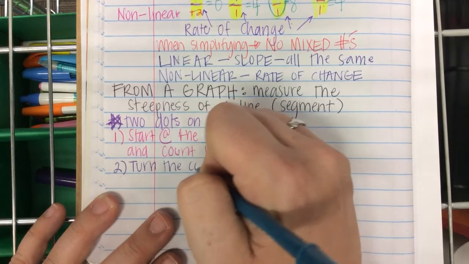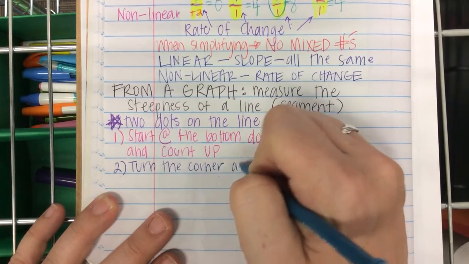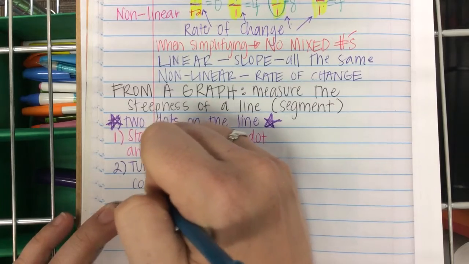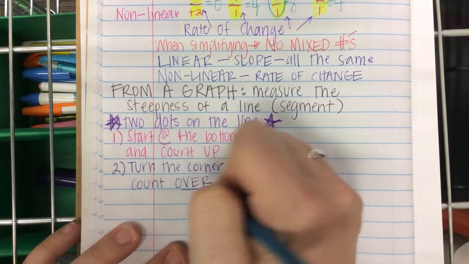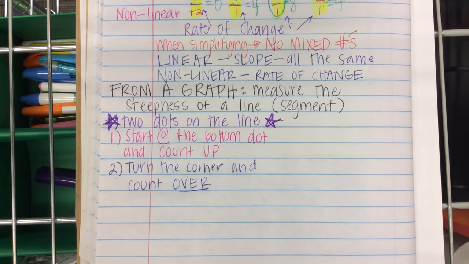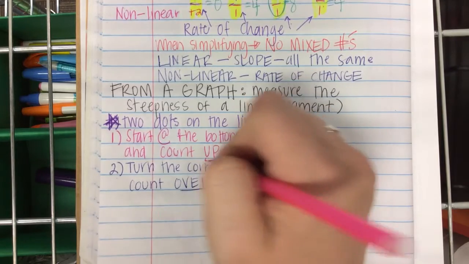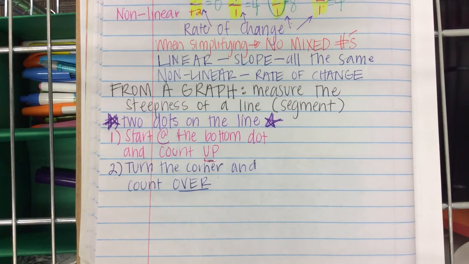Turn the corner and count over. It's up, then over. Don't do over and up. It's up, then over. Two dots. Start at the bottom dot and count up. Turn the corner and count over. That'll make sense in a second.